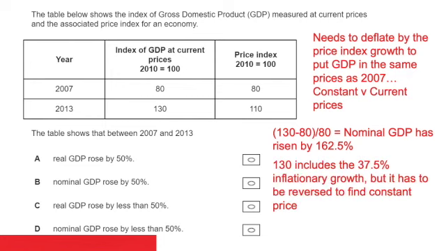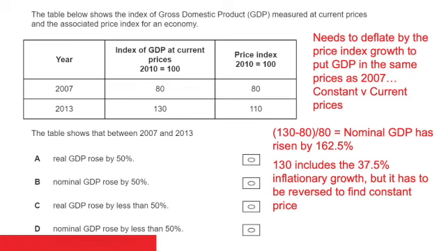So we have to get our 130 in 2013, and we have to remember that that is at current prices, so it's already taken into account the inflationary growth. But what we do have to do with it is reverse it to find it in constant prices, to look at it in terms of the prices of 2007.